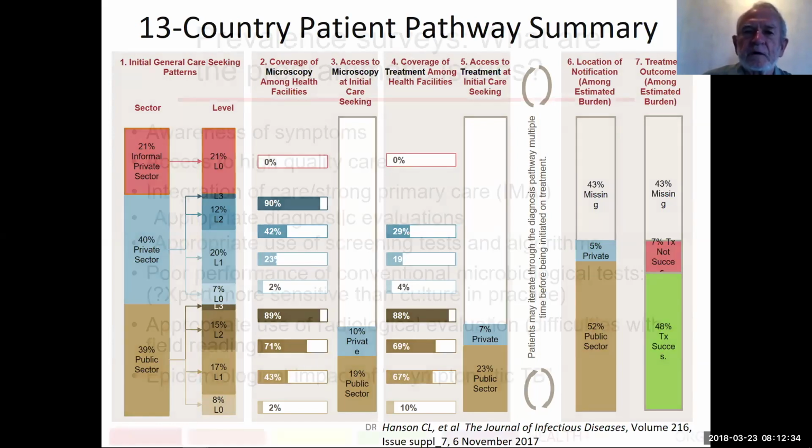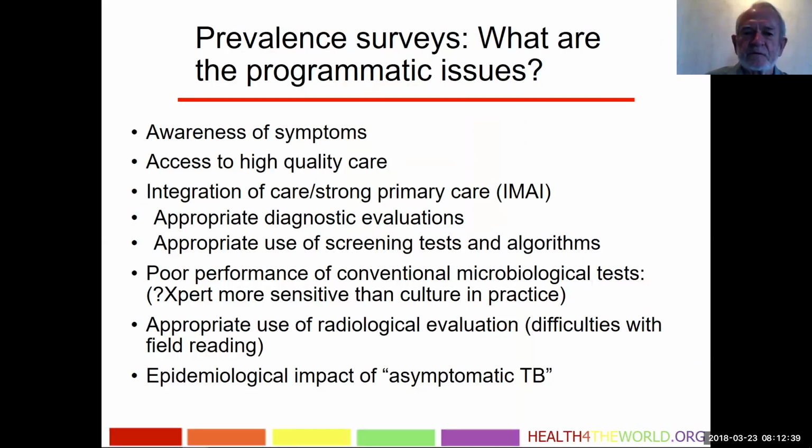So what are the issues that arise from the data from prevalence surveys and also from the cascade of care and pathway analyses? First of all, patients commonly aren't aware of symptoms. It didn't show in these data, but in prevalence surveys, a number of patients who have cough didn't report the cough, didn't seek any evaluation for cough. Secondly, access to high quality care is limited.